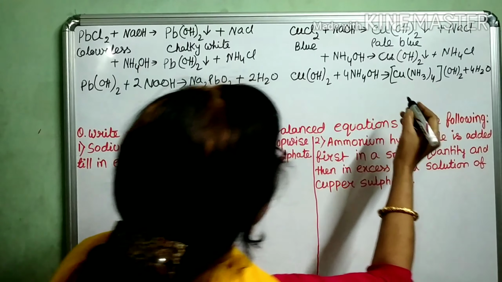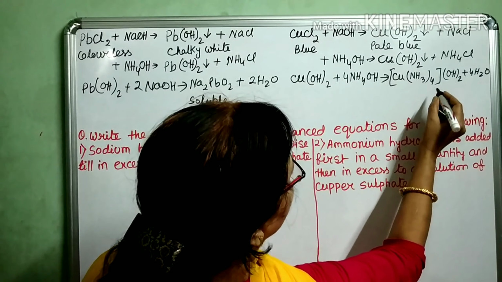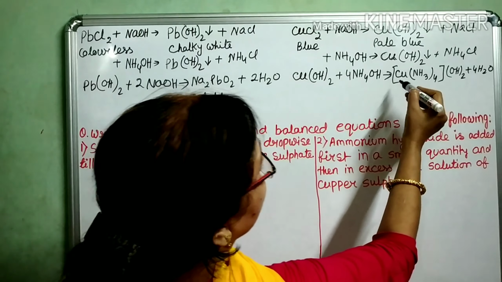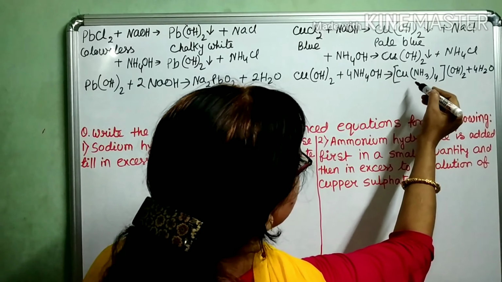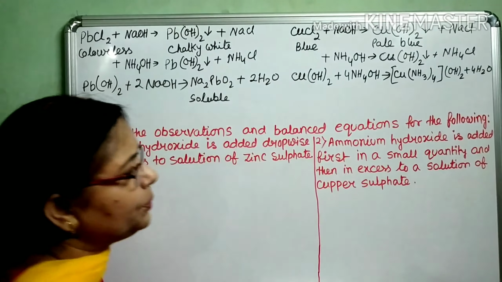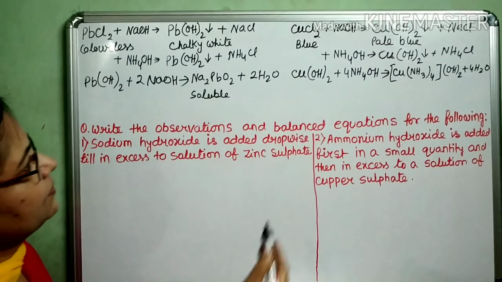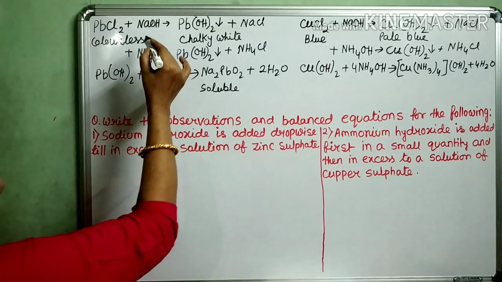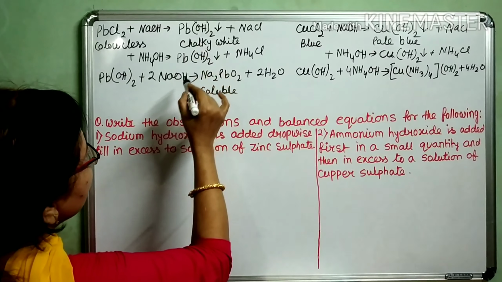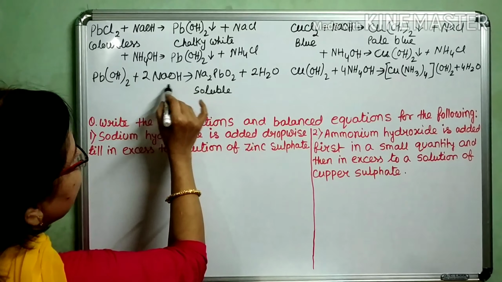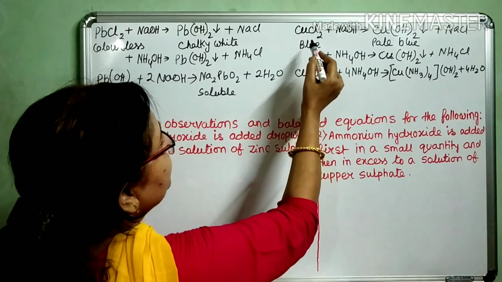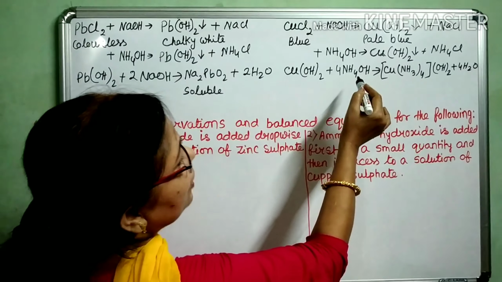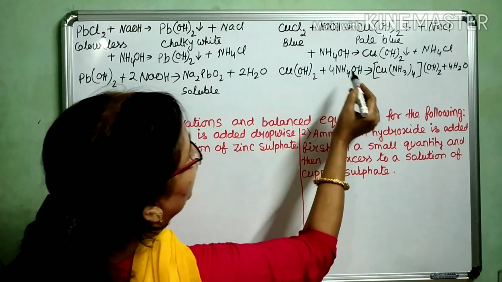Its color is deep blue, and this is tetraamine cupric hydroxide. So in case of lead chloride, it is soluble in excess NaOH, and in case of copper chloride, copper ion, it is soluble in excess NH4OH.